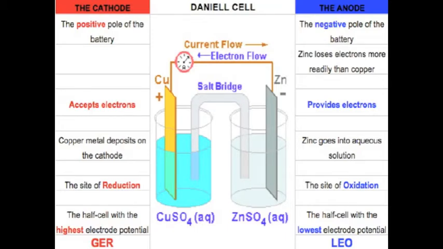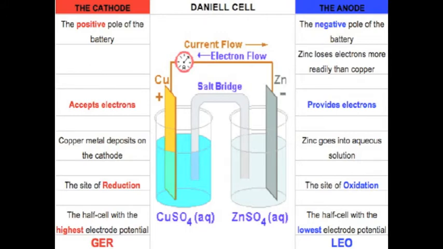When an external circuit, such as metal wire, connects the electrodes, the redox reaction takes place in the Daniell cell. The cathode contains the positively charged pole of the battery, where it accepts electrons from the external circuit. Copper metal is deposited on the cathode, and zinc becomes a part of the aqueous solution.